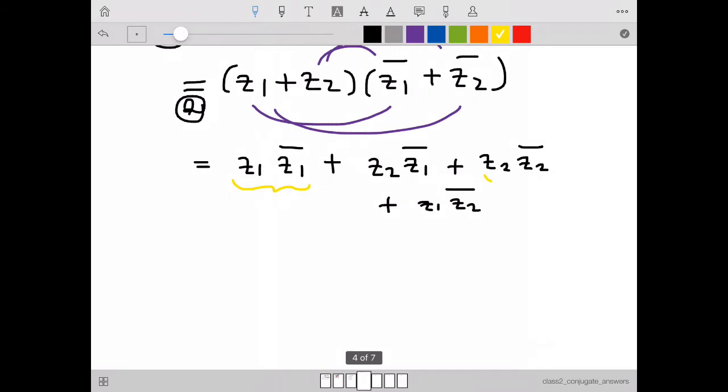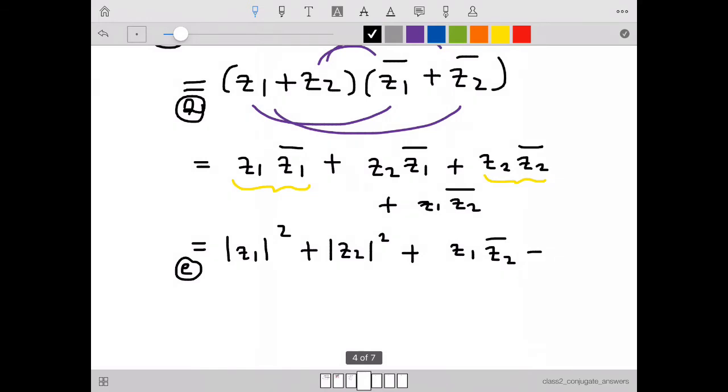So this chunk and that chunk, that is clear. So this is absolute Z1 squared by E plus absolute Z2 squared, and I have Z1 Z2 bar plus Z2 Z1 bar.